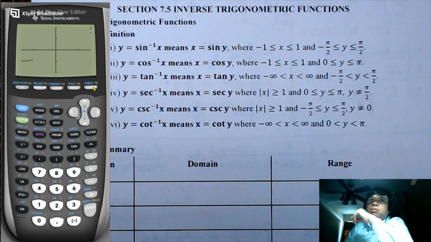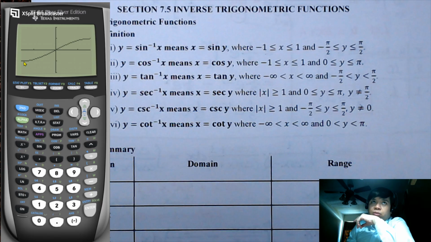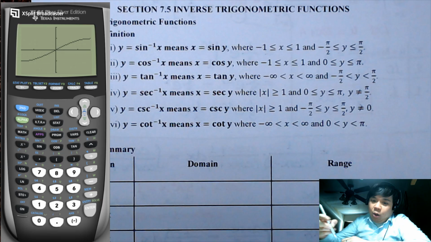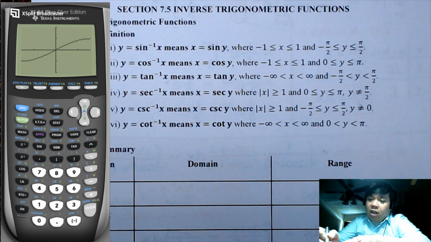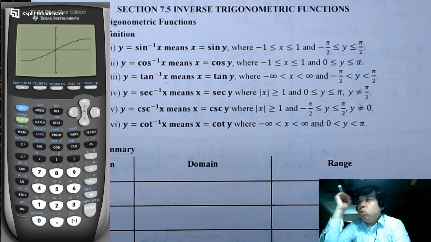Now let's see the graph. Now if the function goes like this, you have one x value for one y value. So that's why we have to restrict the domain so that it will be one to one. The function will go from x to y, inverse will go from y to x.